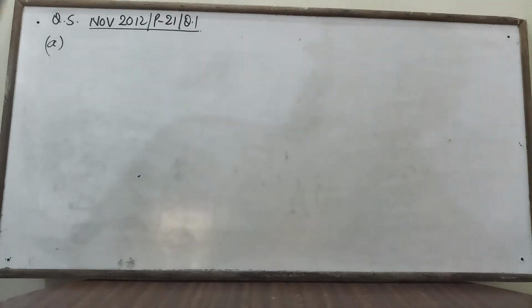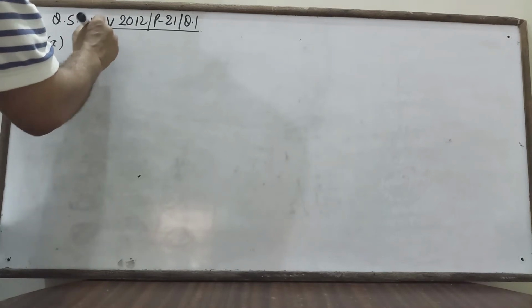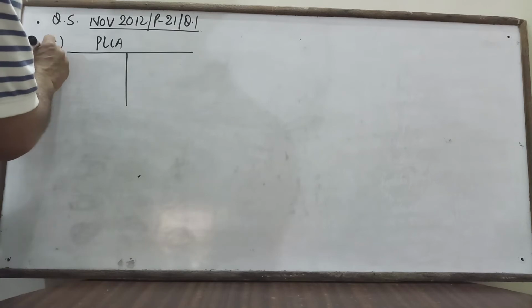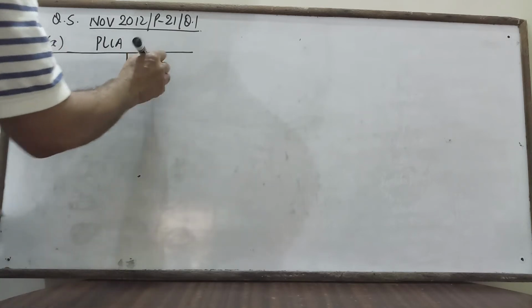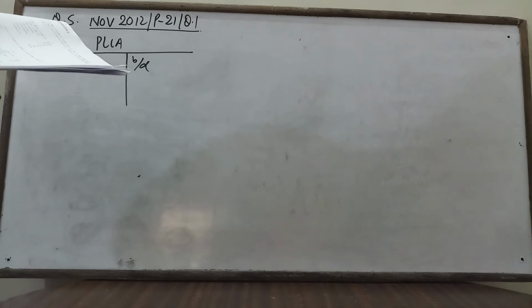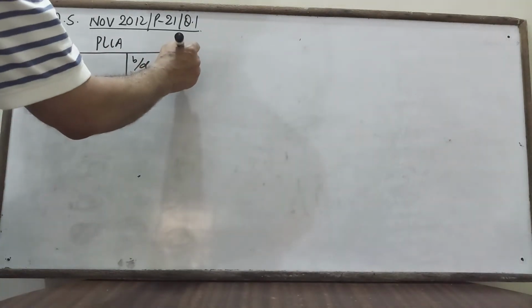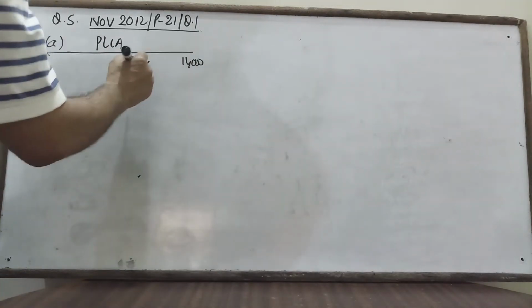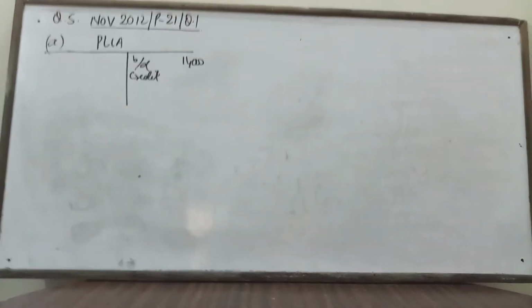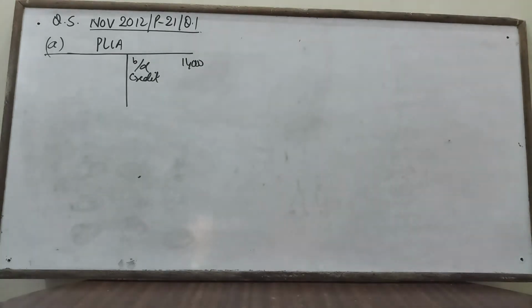For that you have to make an accounts payable or purchase ledger control account. We know that the accounts payable balance b/d comes on the credit side, which is given as 14,000, the opening balance. Credit purchases we have to calculate from here.